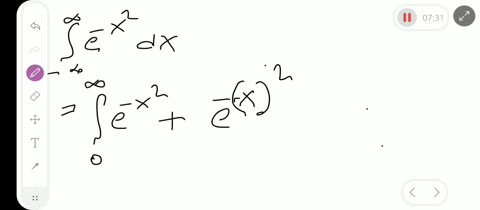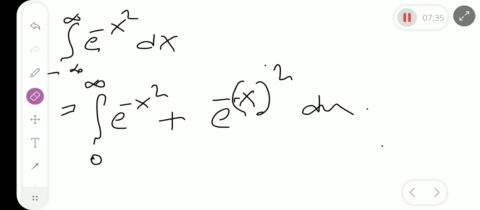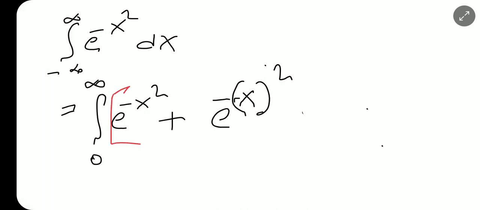Yeah, and you can split the integration, but I'll take the integration both. Okay, I'll give the bracket here.